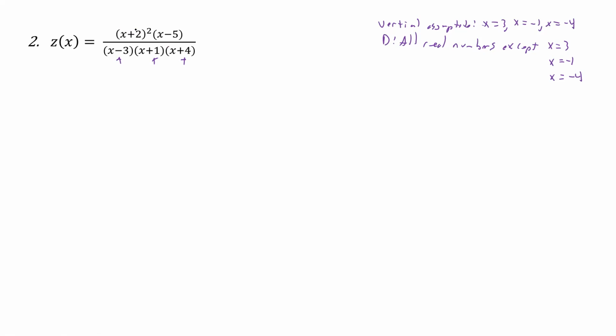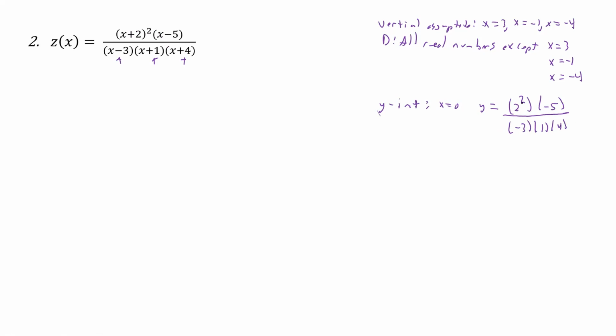Okay. Now, what do we have also? Well, we have some x-intercepts we can get pretty easy, and we got the y-intercept we can get pretty easy. So the y-intercept is going to be x equals 0, and then y equals, well, we're going to have 2 squared times -5 over, now we'll have -3 times 1 times 4.